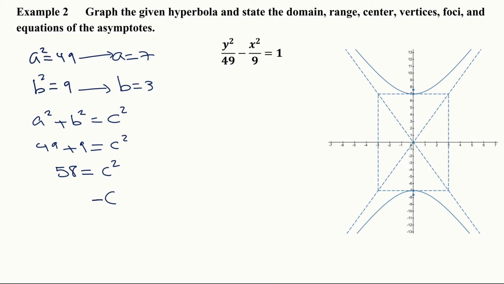So C is going to be, if I just want the length of the C piece, meaning the distance from the center to each focus, the square root of 58. So now I can write my vertices. They're going to be at 0, plus or minus 7.